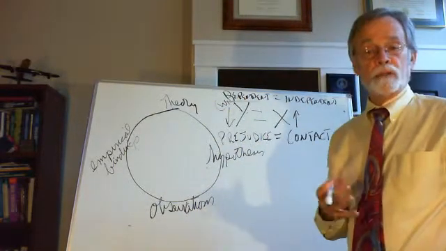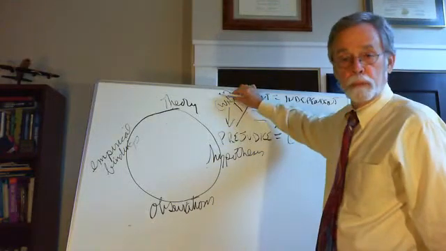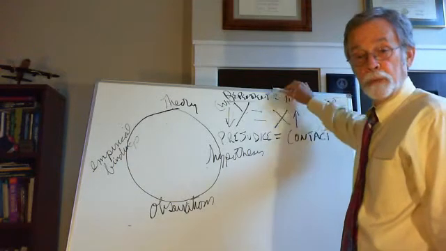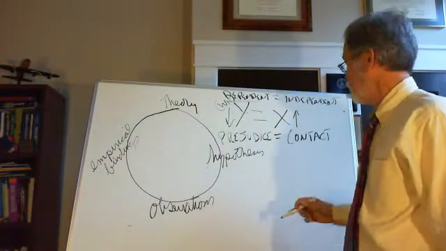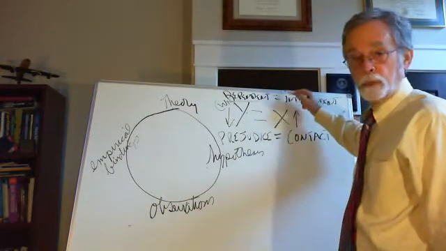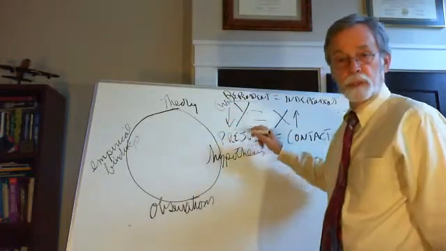If we think of this as numerical data, where we have percentages and proportions of people who are prejudiced and percentages and proportions of people who have greater degrees of contact with one another, we can establish statistically that as contact goes up, the frequency of prejudice goes down.